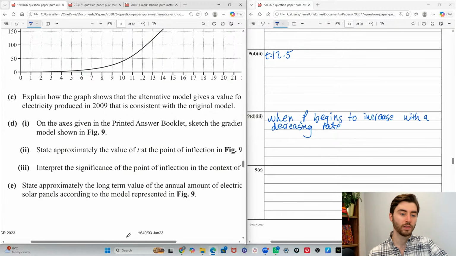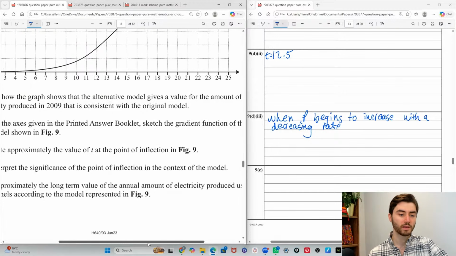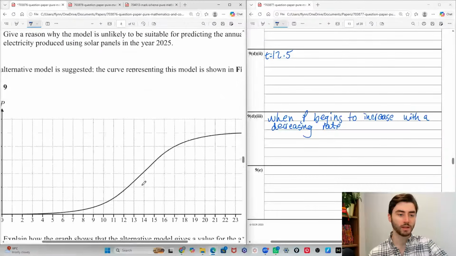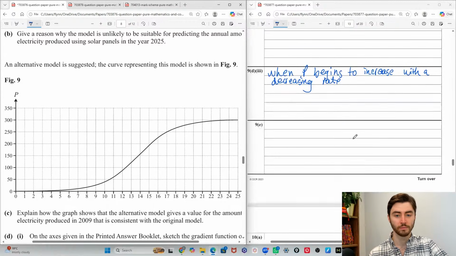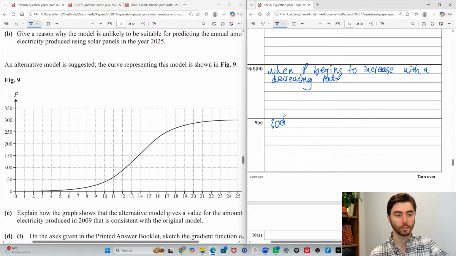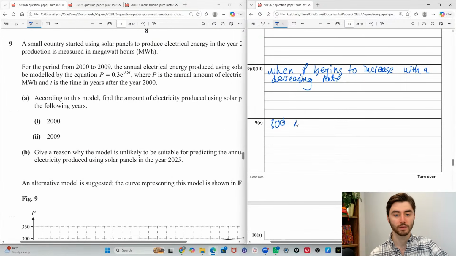State approximately the long-term value of the annual amount of electricity. Well, that would be this guy, that would be 300. And in fact, let me make sure, 300 means megawatt hours.